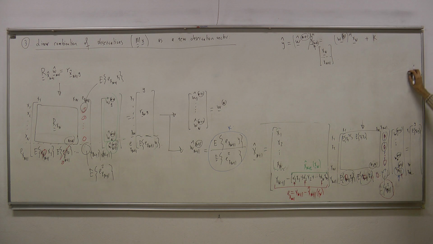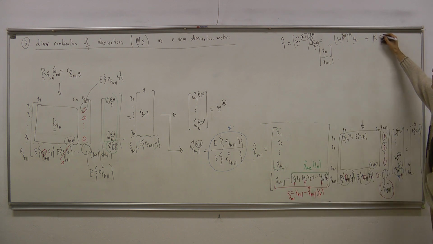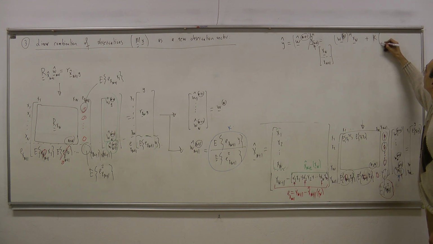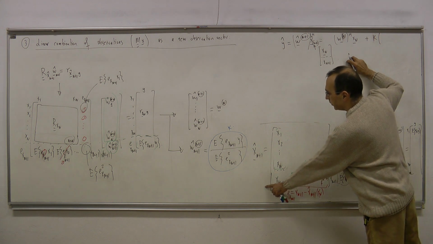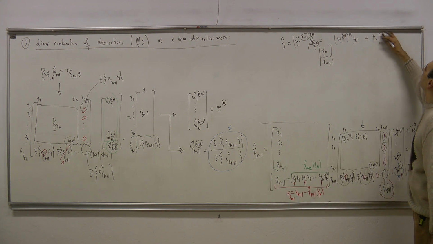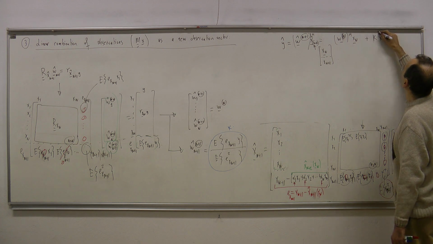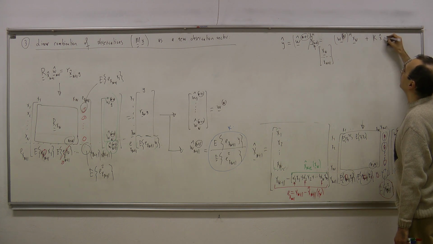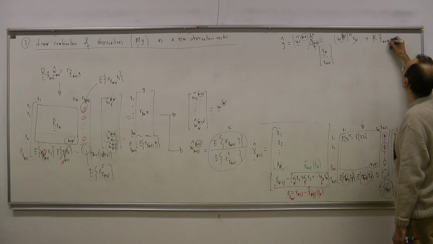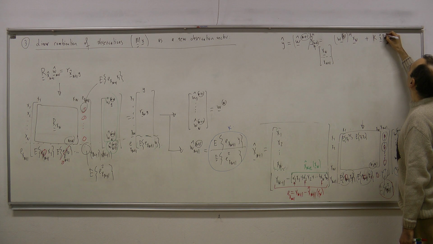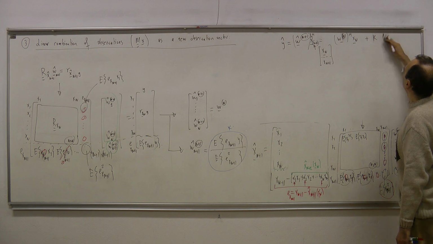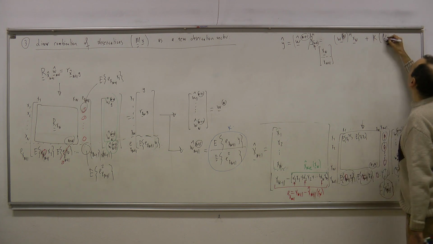Okay, so this is my new input. K times, this is my last element over here, x of n plus 1. This is an n plus 1 dimensional vector. It's the last element. So let me write this basically, right, because it's more difficult.